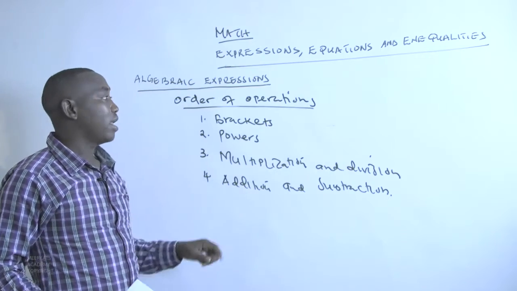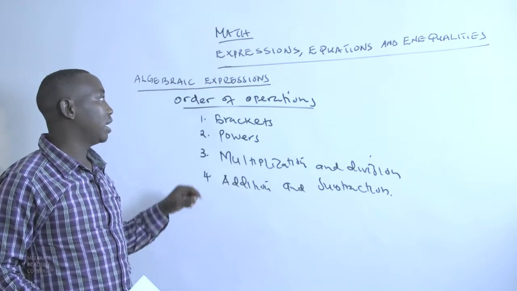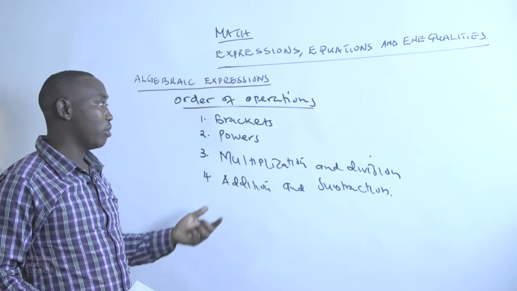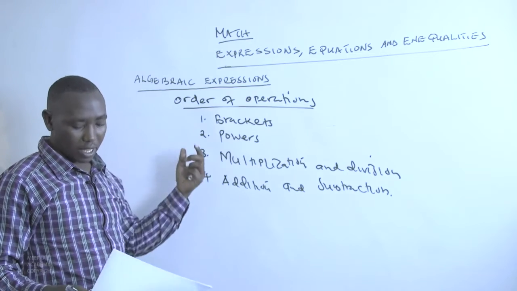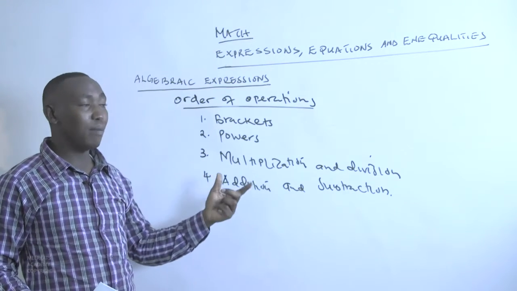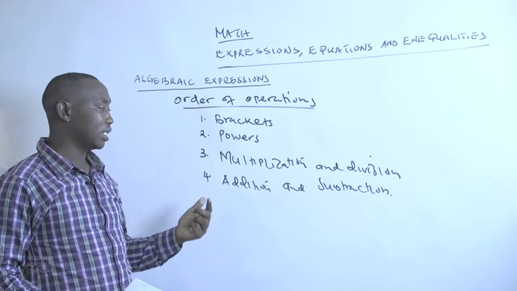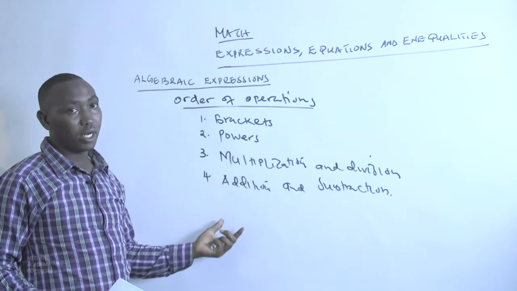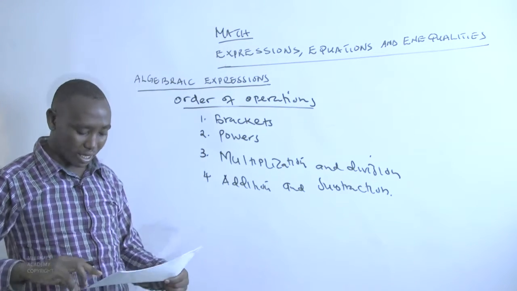So this is the order of operating algebraic expressions. So you begin with opening up the brackets, then you proceed to the powers, then you do multiplication if it is there, followed by division if it is there, then you move on to addition, and finally you subtract.